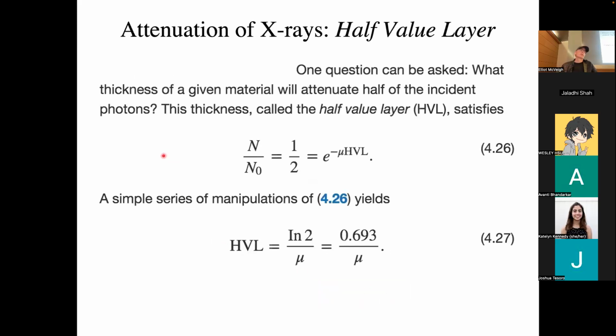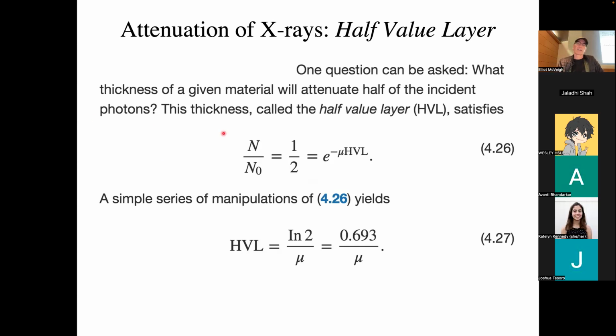And mu values, it turns out, you'll see, we'll show you a couple of them, and they're hard to remember, right? Because they're like 0.69134 or something like that for water, right? So an easier thing to remember is the half value layer. Most people that work in X-ray imaging or CT know the half value layer for lots of different materials like water and muscle and lung and brain and all that kind of stuff.